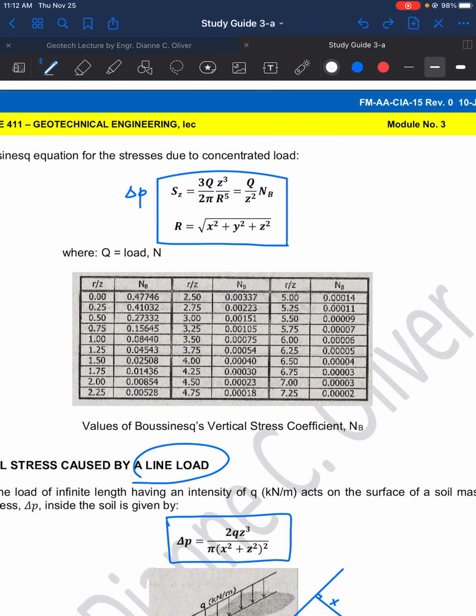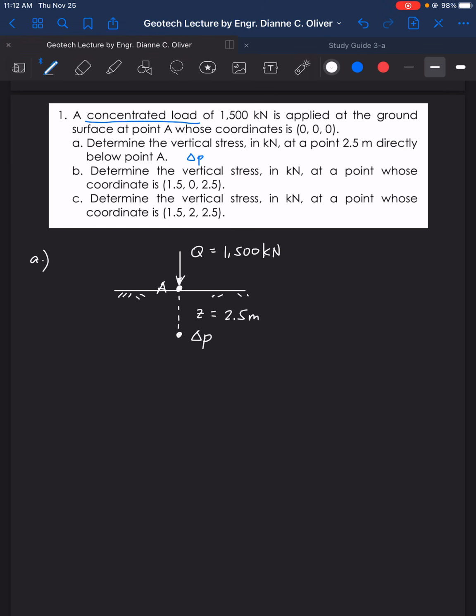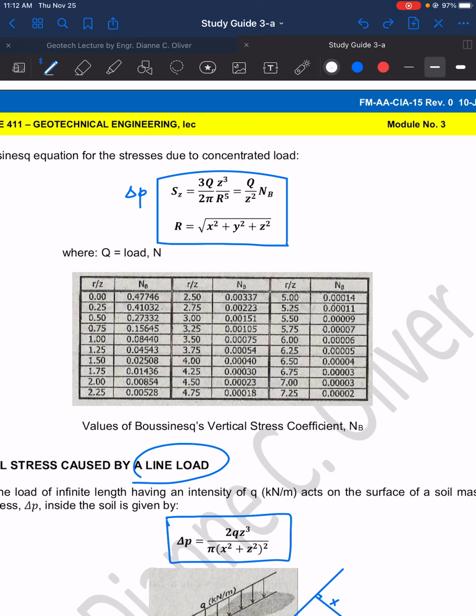So the formula here is delta P equals 3Qz raised to 3, all over 2 pi R raised to 5. Okay, so that's correct.